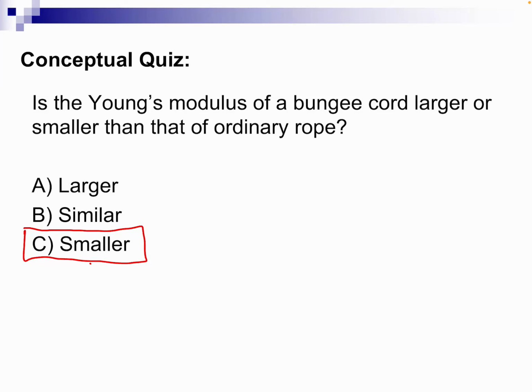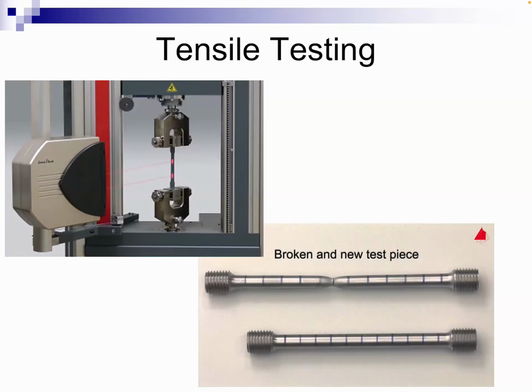The question is, how do we determine elastic moduli of different materials? Essentially, you do it experimentally. So here is, for example, an illustration of how tensile testing is done to determine the elastic moduli of this steel.